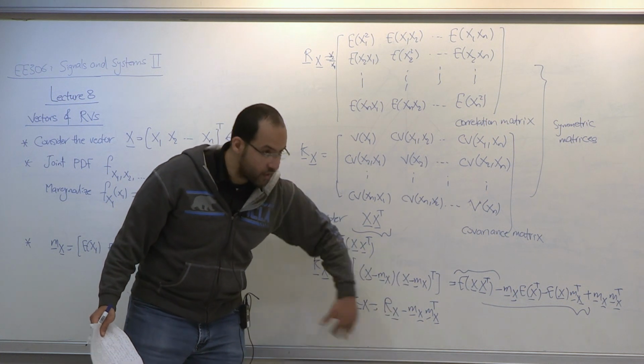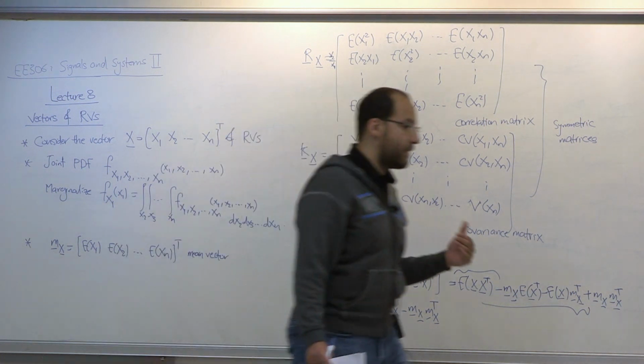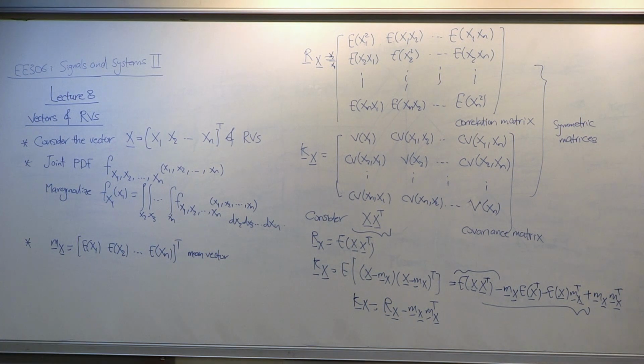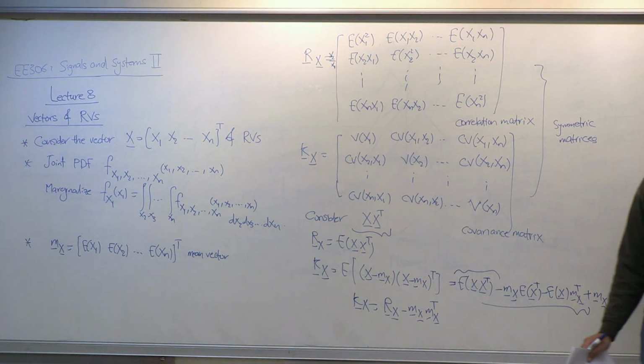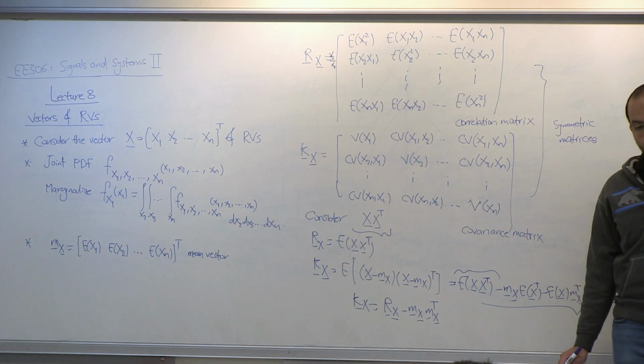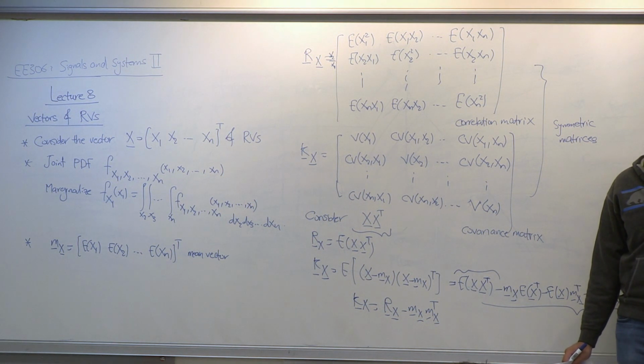Is this relation reminding you of anything we have seen for two random variables? How could you get the correlation from the covariance, or the covariance from the correlation?